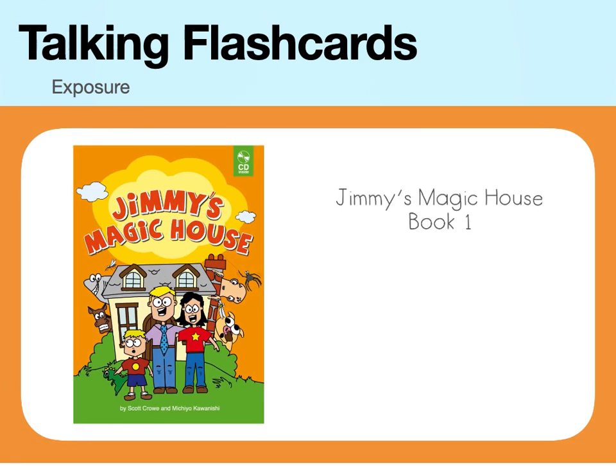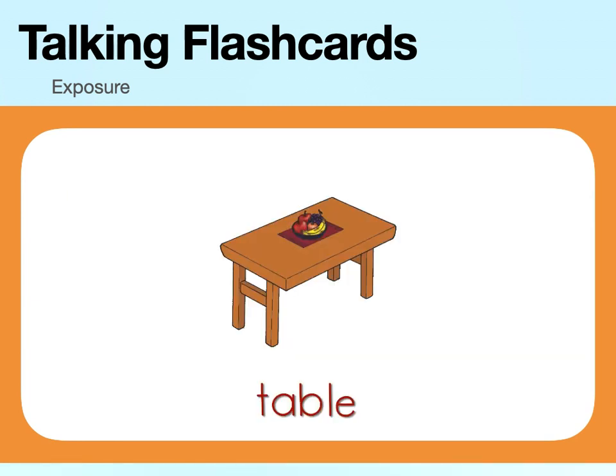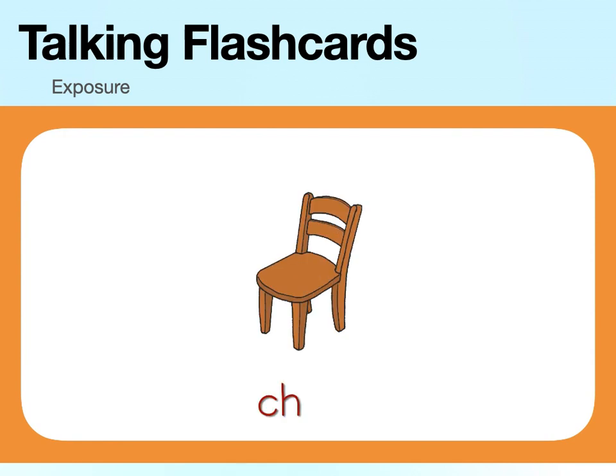Jimmy's Magic House Book 1. Talking Flashcards. Kitchen things. Okay, so this just shows some home study materials that the kids can watch at home. Table. It's a table. Chair. Something like that.